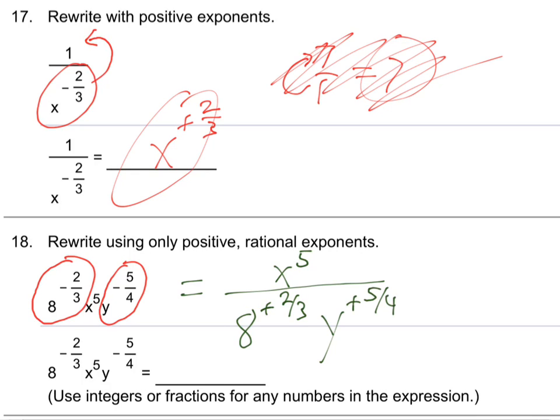The 8 and the y jump to the bottom, and their powers become positive after that. Is that good so far? And now, this is pure numbers, right? No letters, that piece. So grab your calculator and crank that out. I think it'll be 4. So there's our final answer.